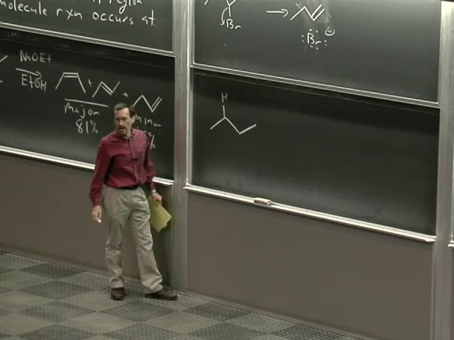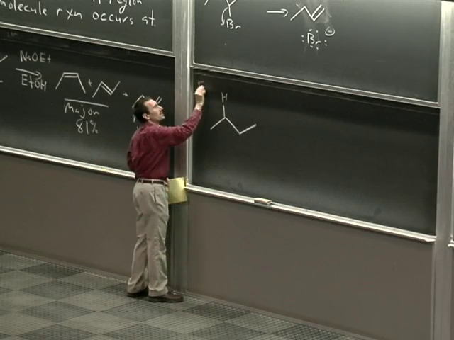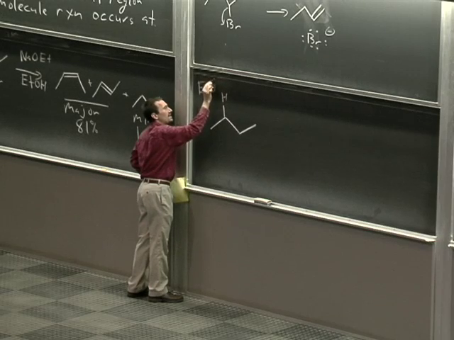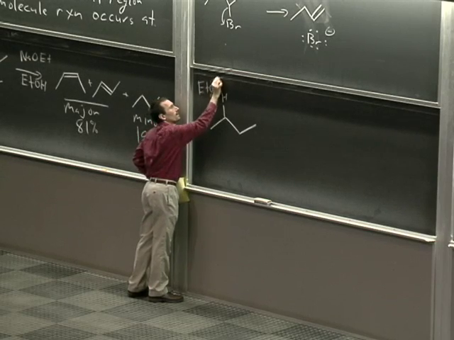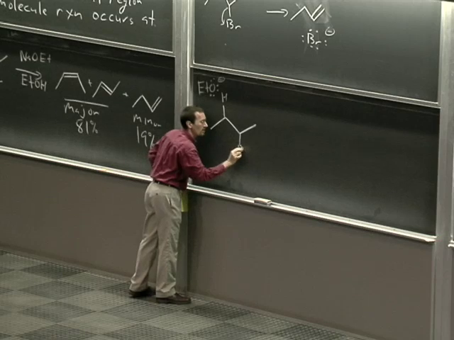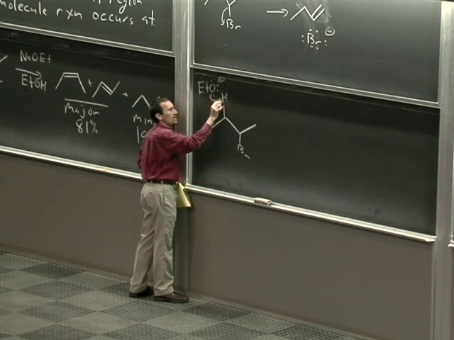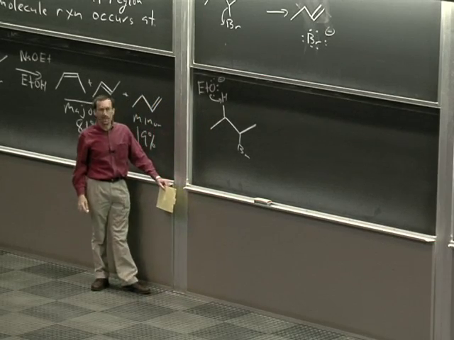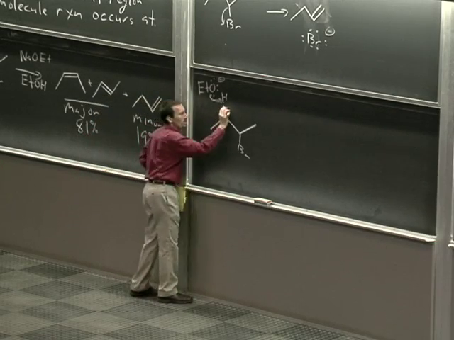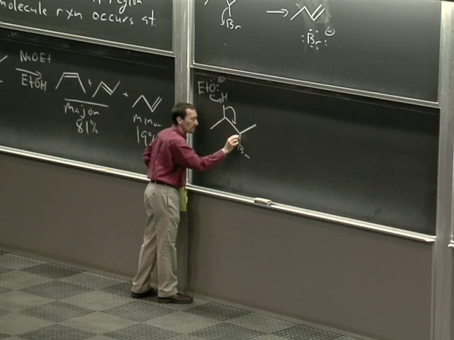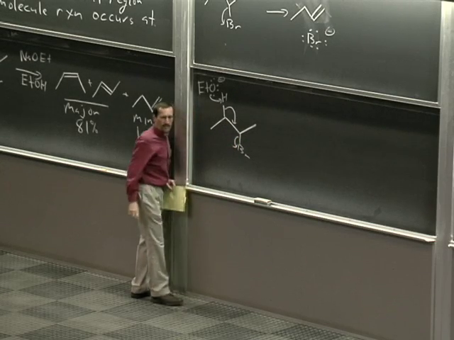Here's one of the 2 hydrogens at the 3 position. Here's our ethoxide, and the bromine. In a very similar way, electrons flow from the ethoxide to the proton. We push electrons between the 2 carbons, and we kick out bromide.